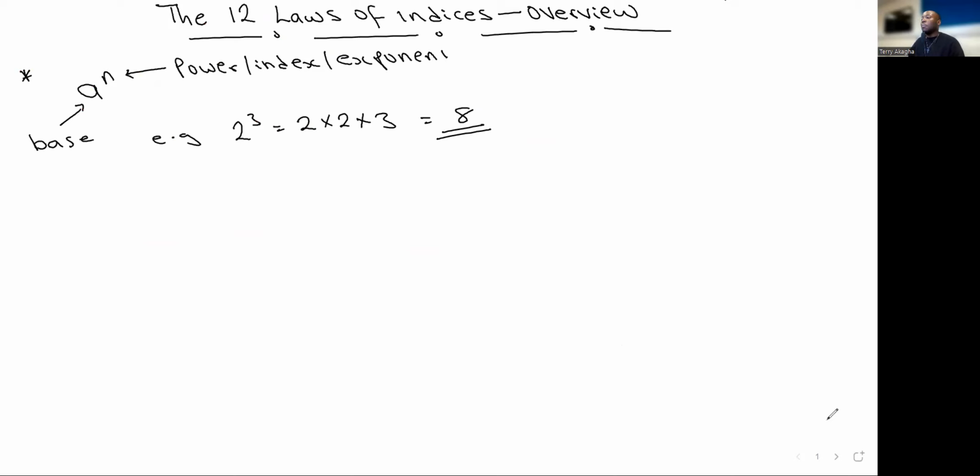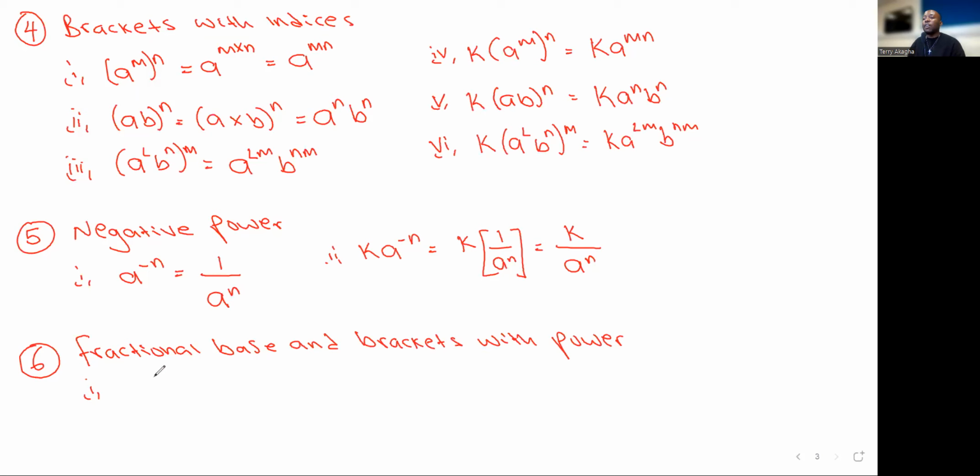So for example, if I have a over b, all raised to the power m, the power is going to multiply each and every one of them. So it's going to be a raised to the power m over b raised to the power m.